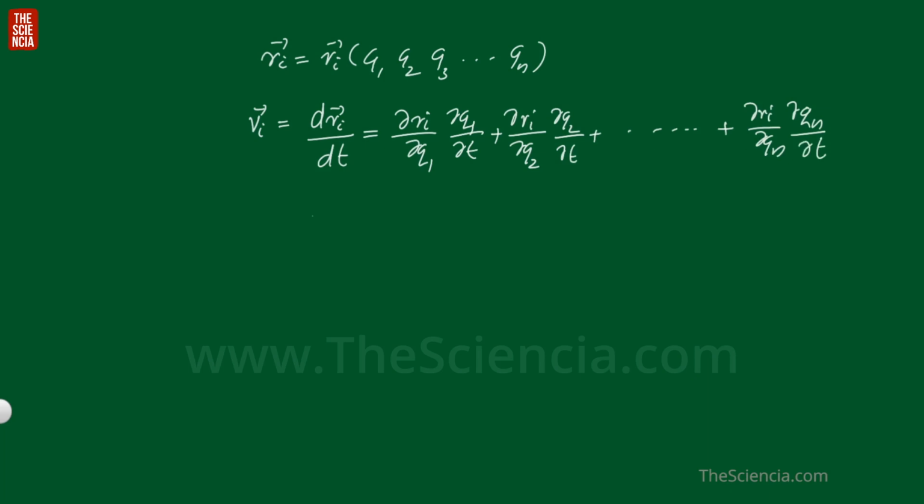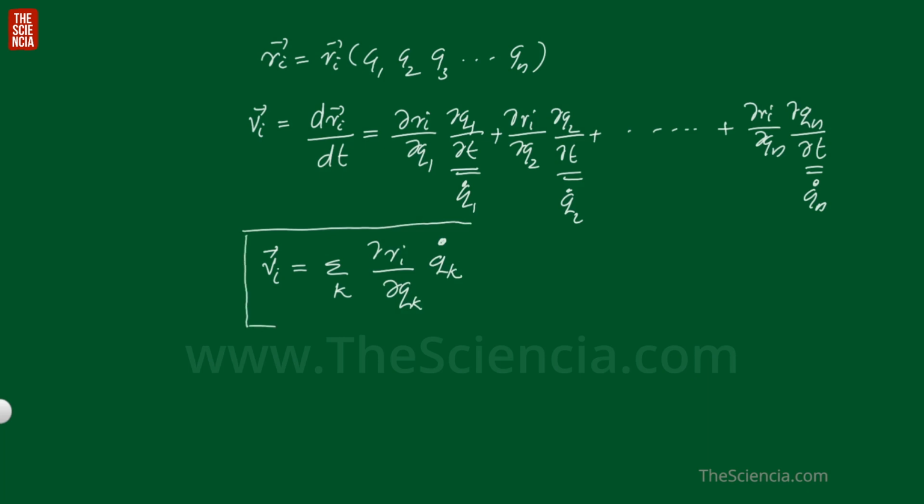I already did this earlier, right? So we can write this as q1 dot, this as q2 dot, this as qn dot. So we can rewrite this equation as vi vector equal to summation over k of dou ri by dou qk into qk dot, right? This is the generalized velocity.